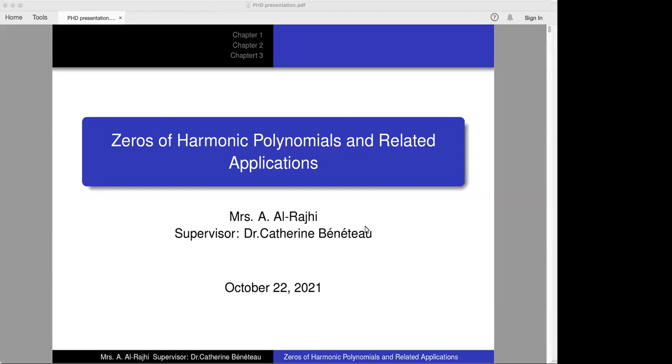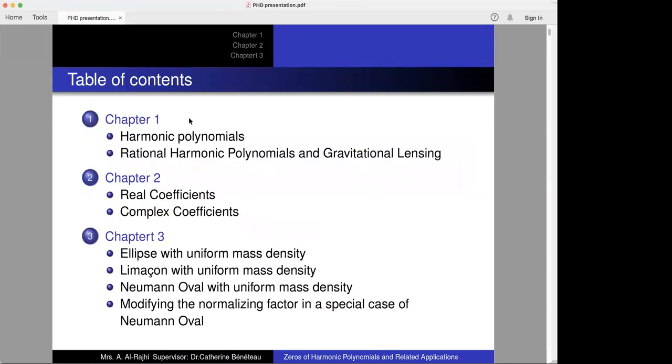Okay, today we are going to talk about the harmonic function and the maximum number of zeros for this function. Also, we will see some applications related to this concept. I talked in chapter 1 about the history of harmonic polynomials and rational harmonic polynomials and gravitational lensing.